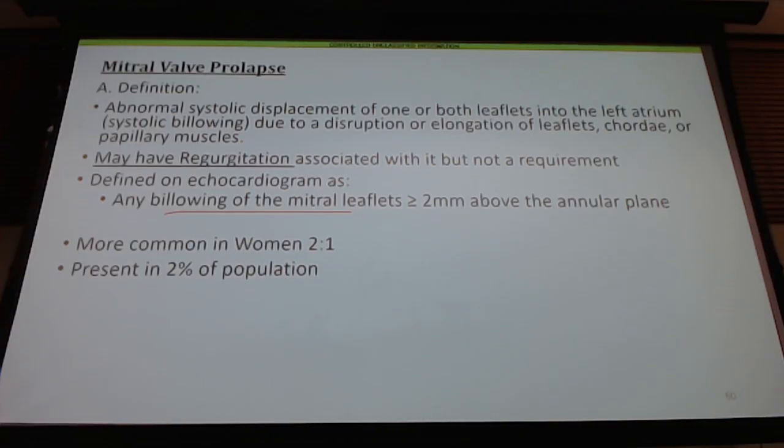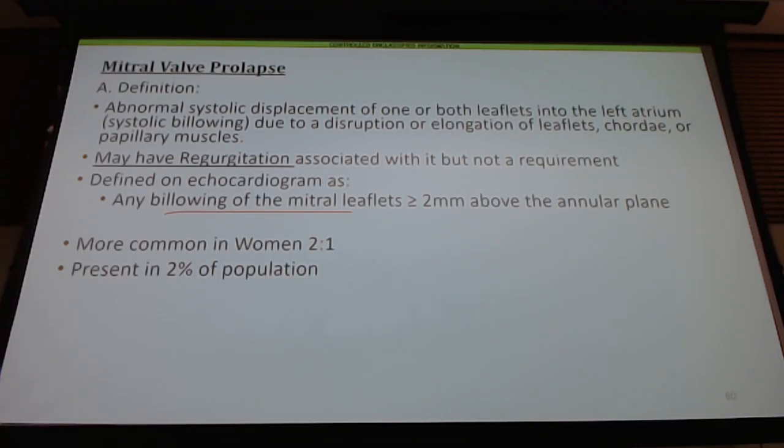But what can happen is that backwards excessive movement of the mitral valve goes back, and now you're talking about 3, 4, 5 millimeters, it's going back. That will then start to open up those valve leaflets, and now you have that regurgitation. That's how mitral valve prolapse can lead to regurgitation, but it doesn't necessarily mean that you are going to have regurgitation even though you have mitral valve prolapse.